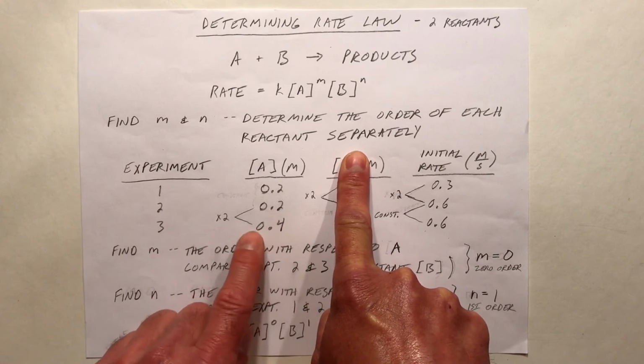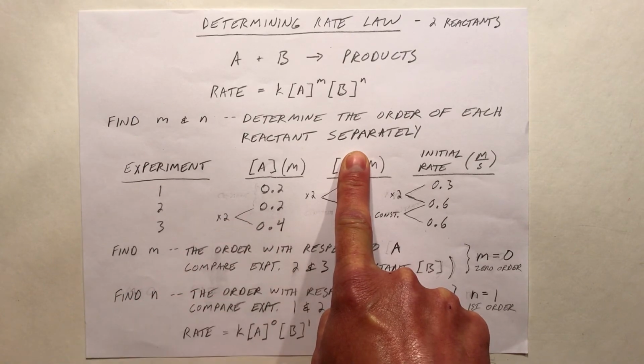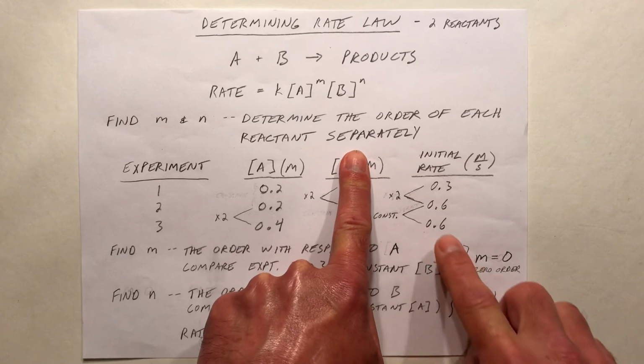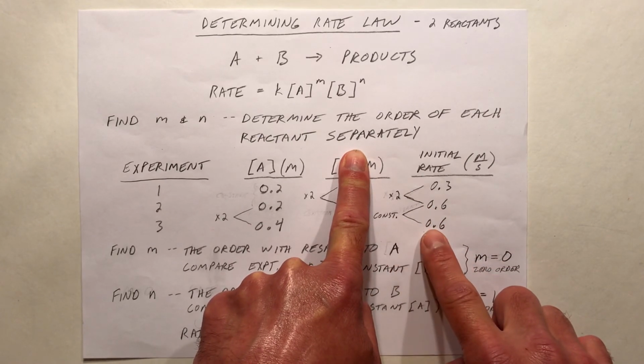From experiment 2 to experiment 3, we increase the concentration of A by a factor of 2. And we see that the initial rate of the reaction is constant.